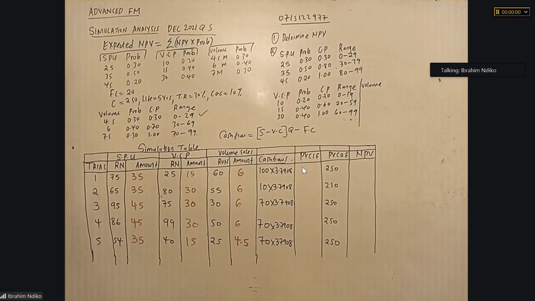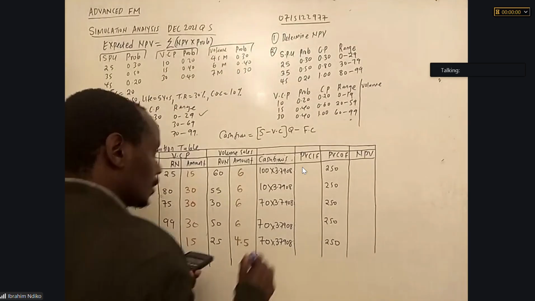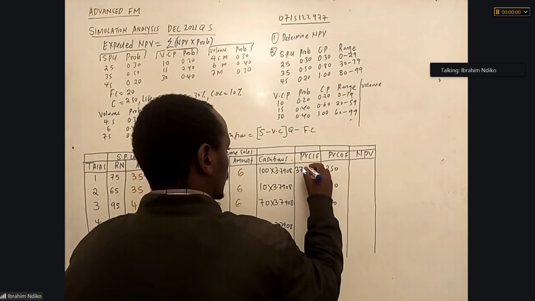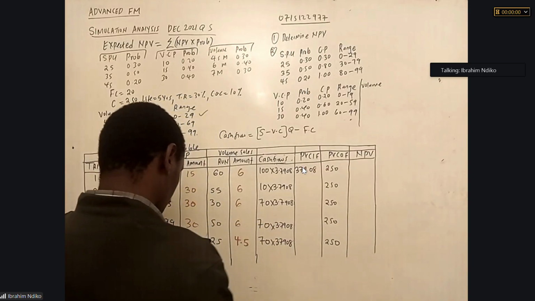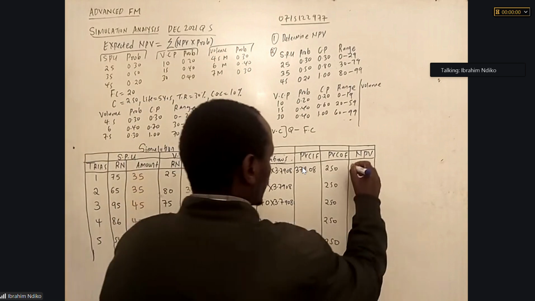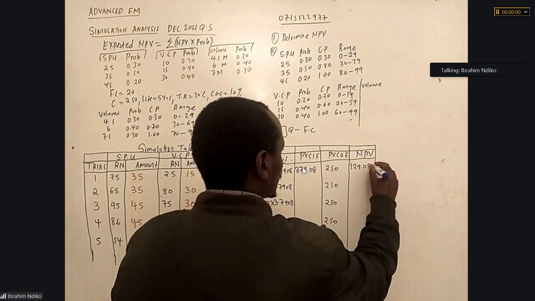So kwanza ni 100 times 3.7908, nakuja 379.08 minus 250, 129.08.